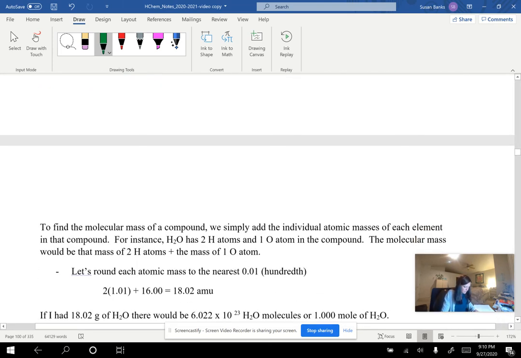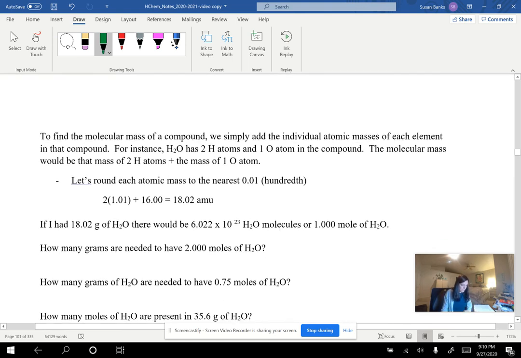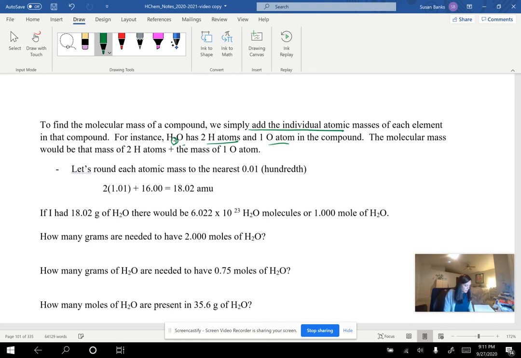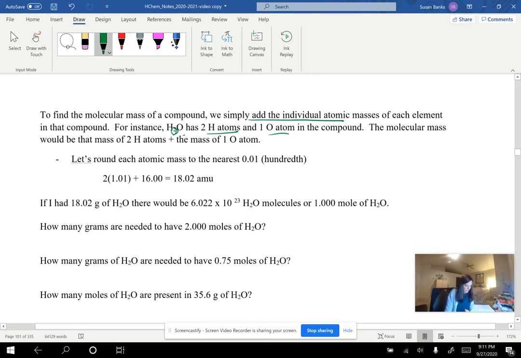To find the molecular mass of a compound, we simply add the individual atomic masses of each element in that compound. For instance, water has 2 hydrogen atoms and 1 oxygen atom in the compound. The molecular mass would be the mass of 2 hydrogen atoms and the mass of 1 oxygen atom.